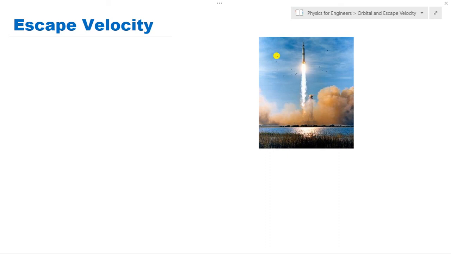Unsa man na sila? Example, we have the moon and also the moons of Jupiter and other celestial bodies. Even our Earth. Our Earth is a natural satellite nga nag-revolve around the sun.